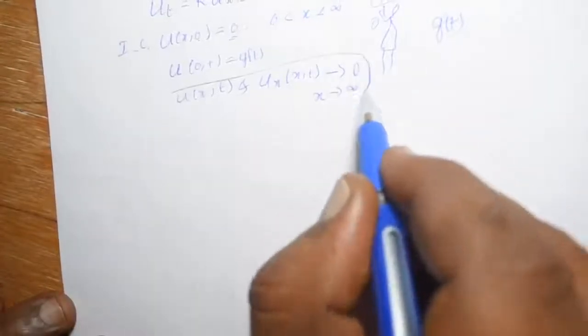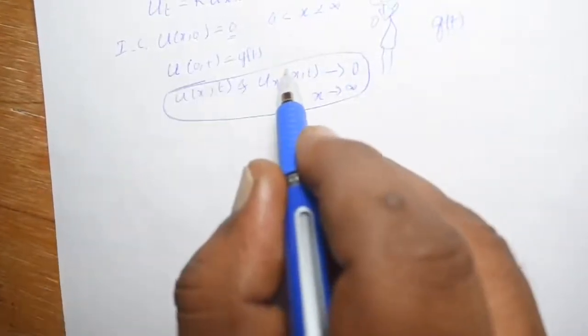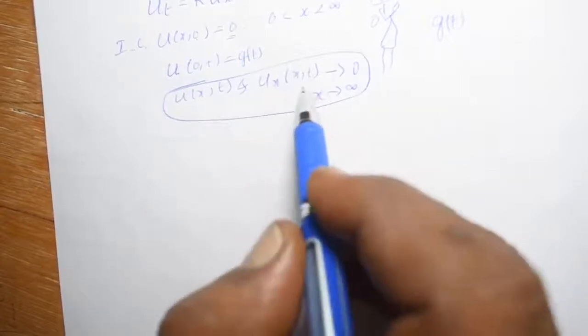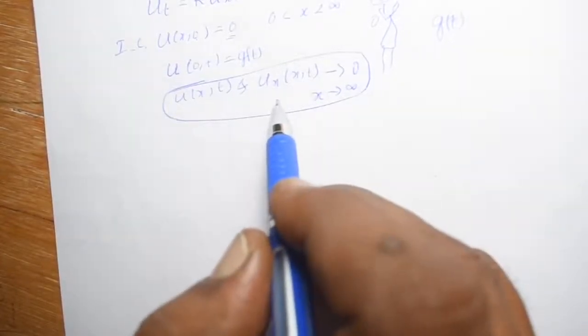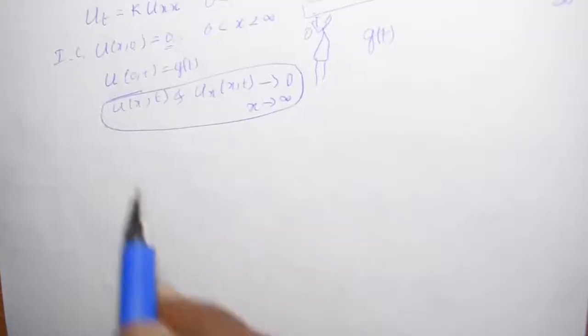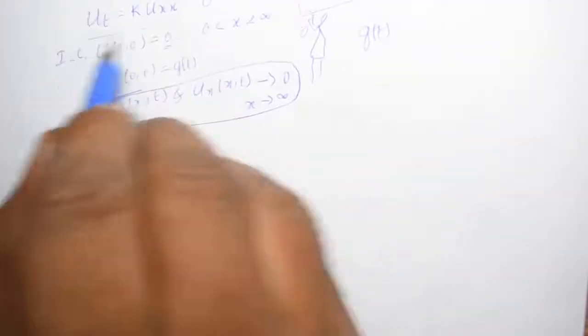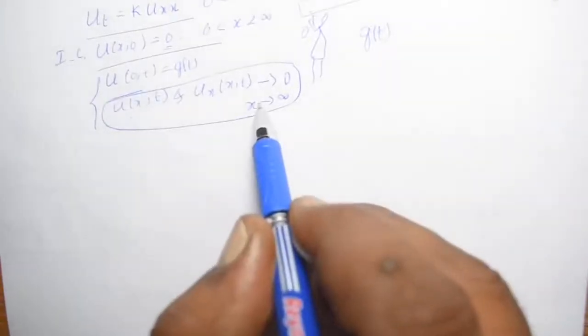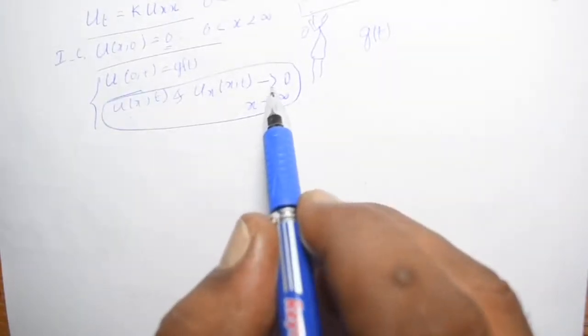Without these conditions it is not possible to apply the Fourier transformation, right? That's why you have to assume these values. So this is the equation, this is the initial condition, and these two are the boundary conditions. Now you know how to find the solution.